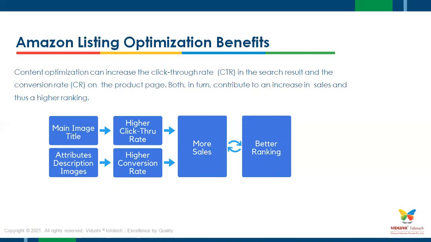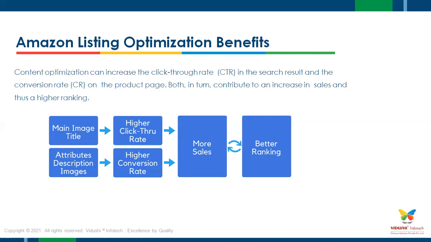If all these points, all these attributes are submitted correctly and as per the search engine requirement norms, then you are going to get higher click-through rate and higher conversion rate. Higher CTR and higher CR result in more sales. And if you are selling more, obviously Amazon is going to rank you at a better position.